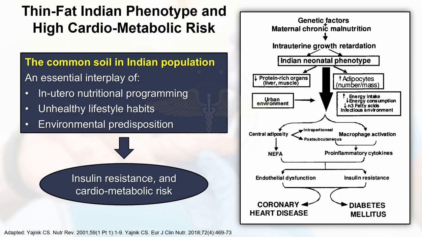So what did this fetus do? He adapted himself to the less food by learning to conserve fat for a day when there will be no food. So this fetus was programmed in a way that he thought, I'm going to be subjected to starvation, let me conserve fat. This is what is known as the Indian phenotype.